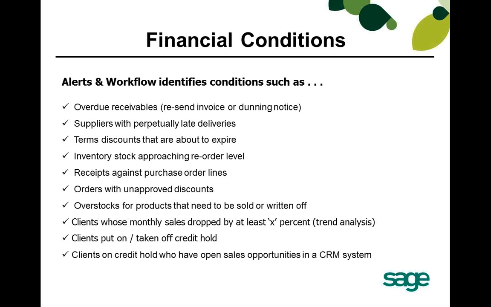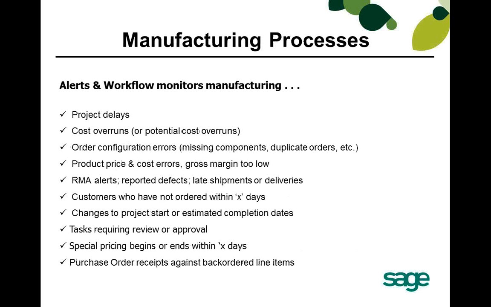Whether it is things like receivables that are overdue for payment, customers who've changed their buying habits or have not purchased from you, stock that's approaching a reorder level, any condition. In fact, out of the box, Sage Alerts and Workflow ships with roughly 75 pre-configured business conditions that you can monitor for and respond to. You can use those, customize them, and create an unlimited number of additional scenarios of your own.